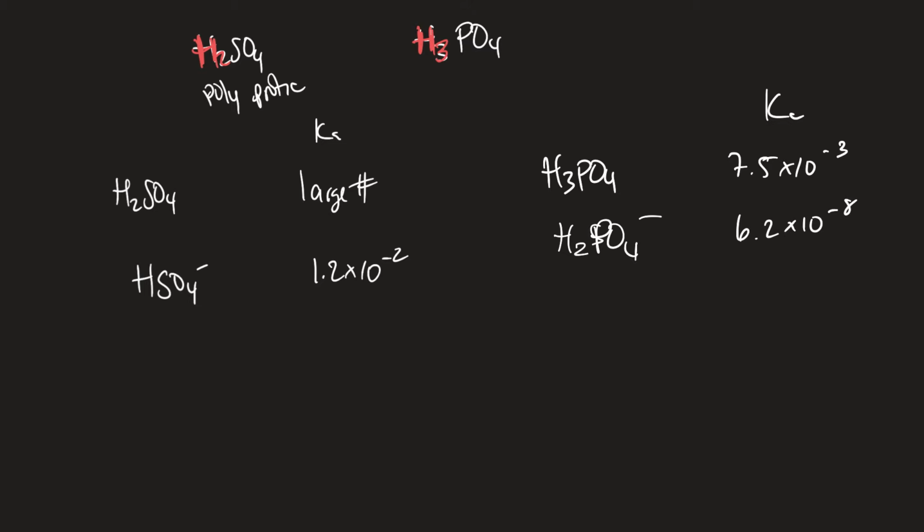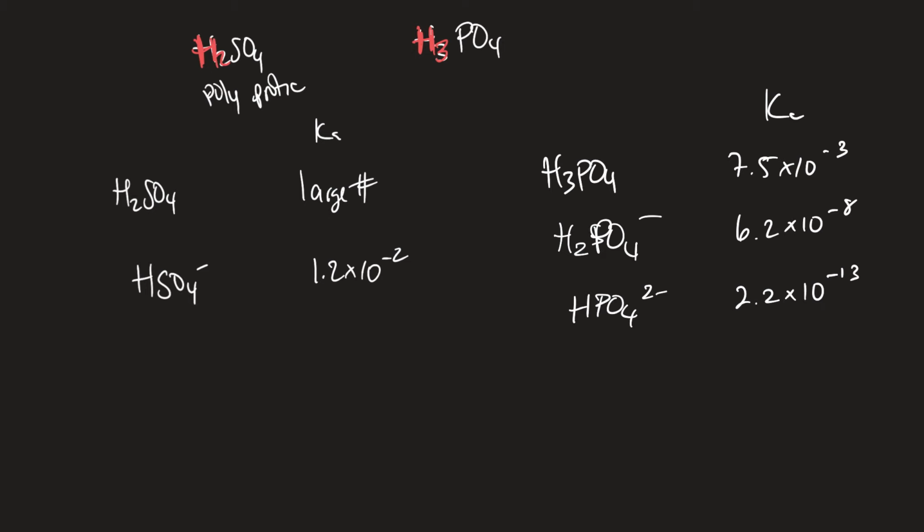So you see the Ka actually decreased, and it became a much weaker acid. If it loses one more hydrogen to become HPO4 2 negative, then the Ka value is 2.2 times 10 to the negative 13. It's even lower. This is what I mean when dealing with a polyprotic acid: the donation of each successive hydrogen ion is more difficult than the one before it.